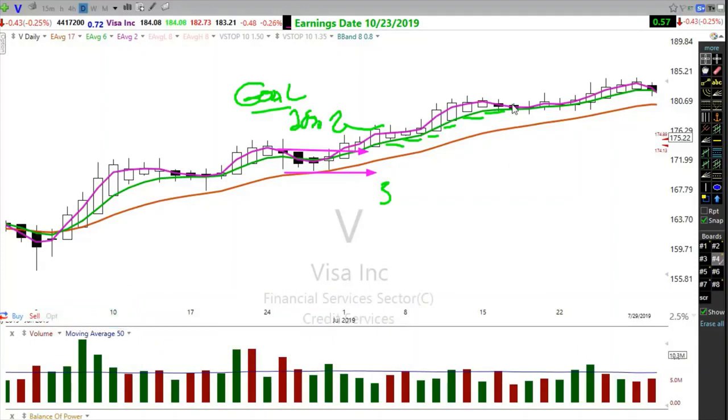Okay? Now, one thing that's really important to remember is the reason we're thinking about doing this is because of the smoothness of the Heikin-Ashi candle. One of the best purposes for Heikin-Ashi is to help you avoid the micromanagement of the trade, to allow the trade to develop, to allow the trade to work.